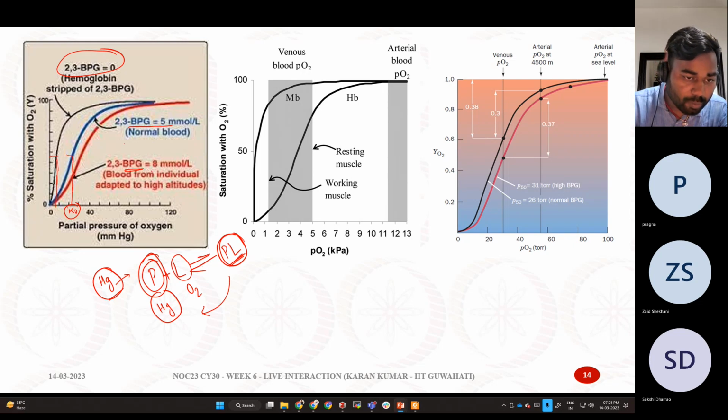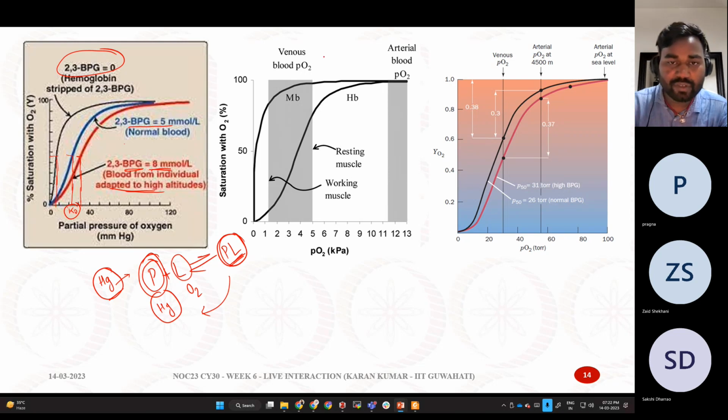If you increase BPG more, KD will increase again, meaning the binding affinity of oxygen to hemoglobin reduces. This is adopted at higher altitude, where the blood produces more and more BPG, so that hemoglobin is not able to hold the oxygen molecule in bound state and oxygen is free in the cells.